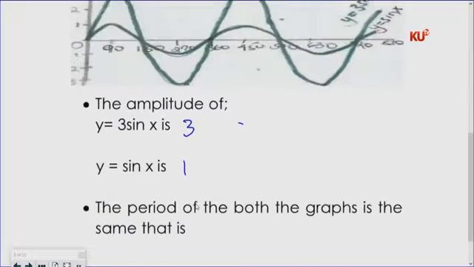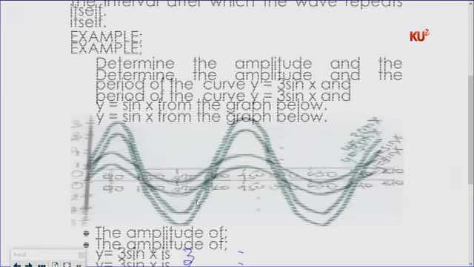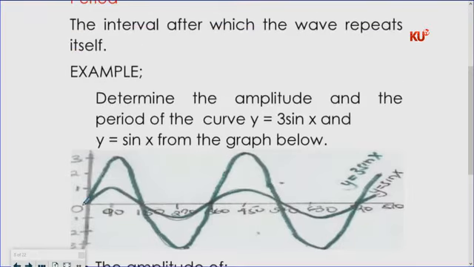And as you'll bear with me, the period of these two waves, let's look at the second wave. This is the point at which the second wave starts going up. You follow it. So again, it's at the same point where the curve is repeating itself.